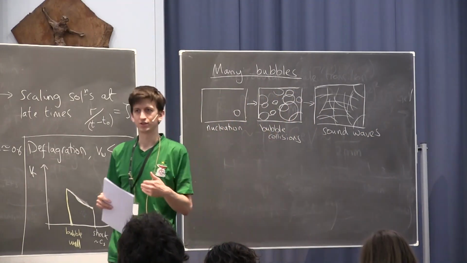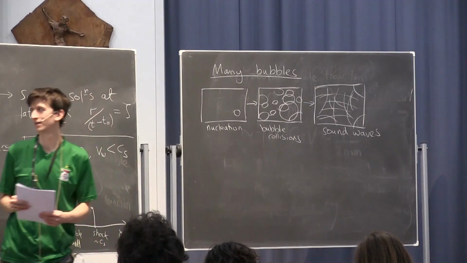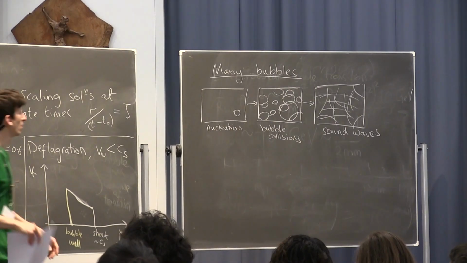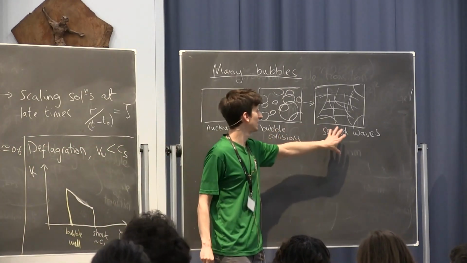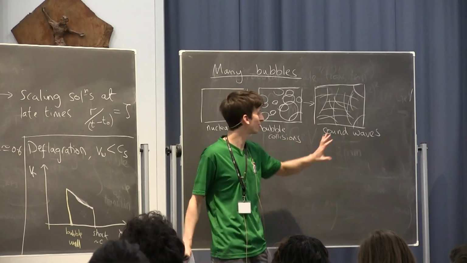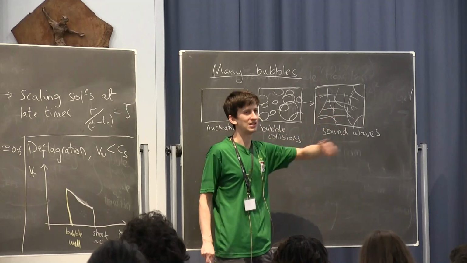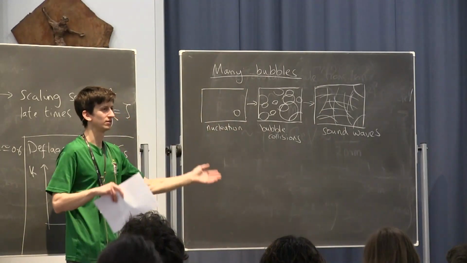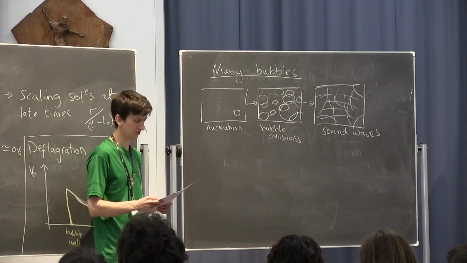But sound waves, to leading order, propagate linearly, and they just superpose. So they just keep going and they superpose. And the expectation is that, depending a little bit on the situation, these sound waves can live for more than a Hubble time. So they're just hanging around, superposing on top of each other.